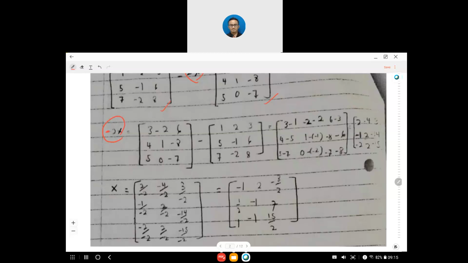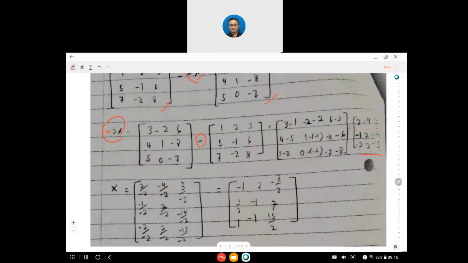X goes to the right hand side, and it becomes minus here. So the solution for the right hand side is 2, negative 4, 3. Saya tak nampak. Negative 1, 2, negative 14, negative 2, 2 and negative 15.